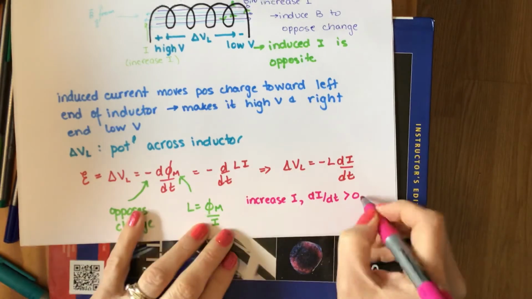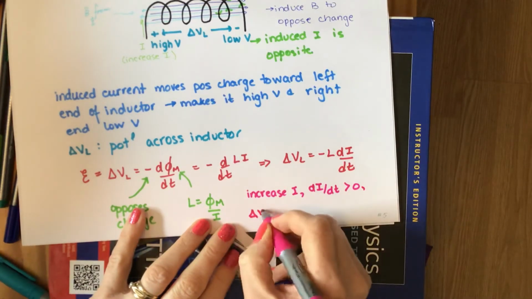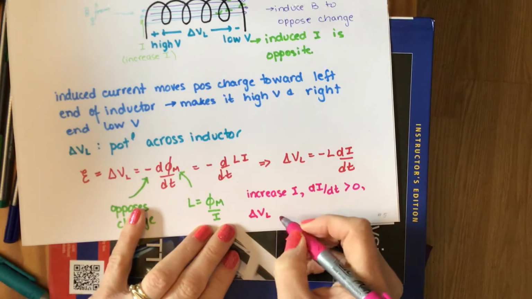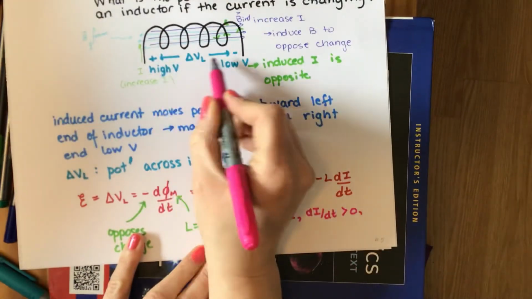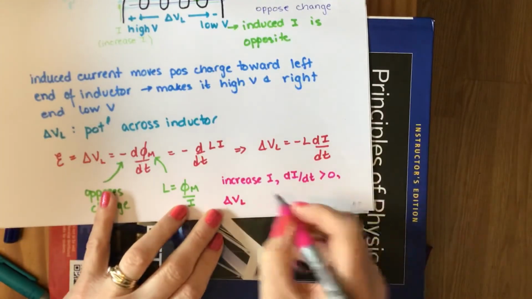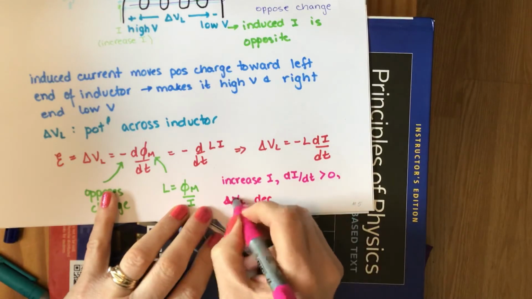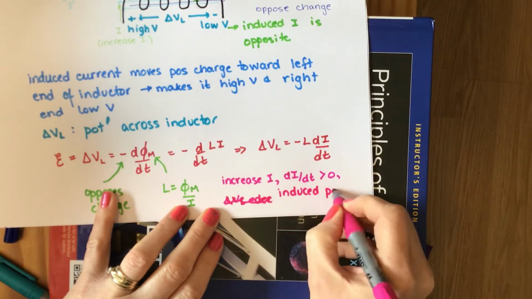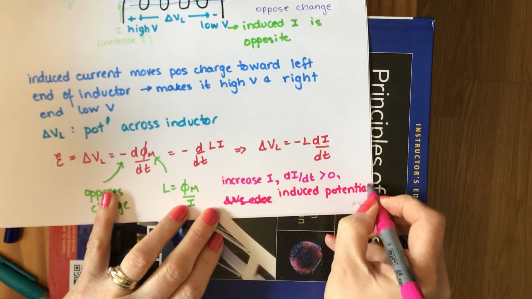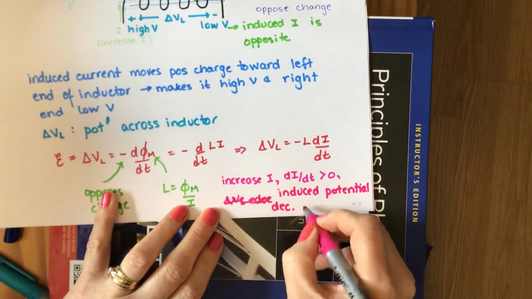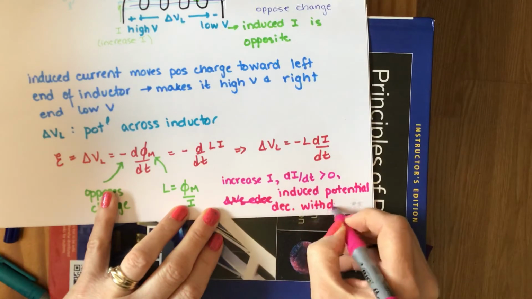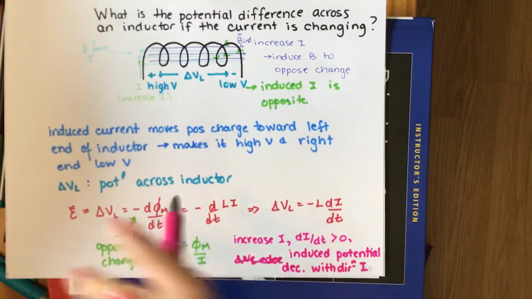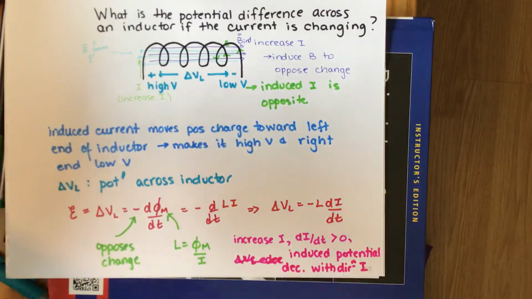And it says that our induced potential, delta V, decreases as you go in the same direction as current. So as you move with the direction of the current, you get to a lower potential. That's what happens if we increase the current.